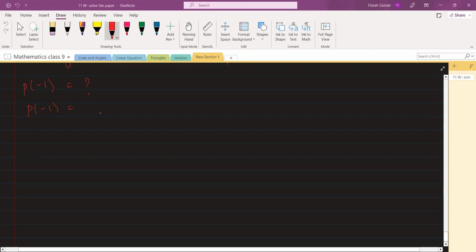Jocelyn, what's your answer? I'm getting 2 root 2. That means the remainder is not 0, so g(x) is not a factor. Okay.